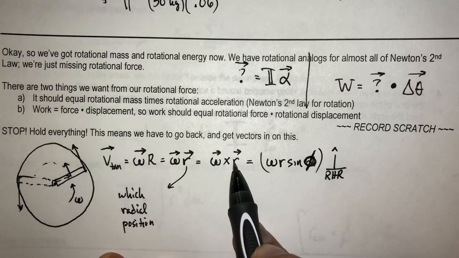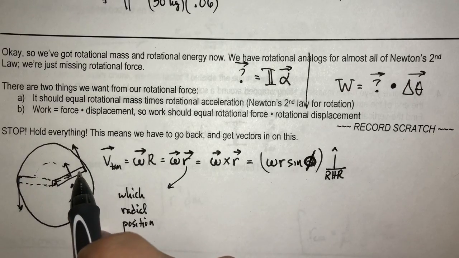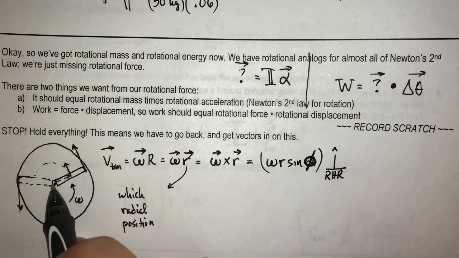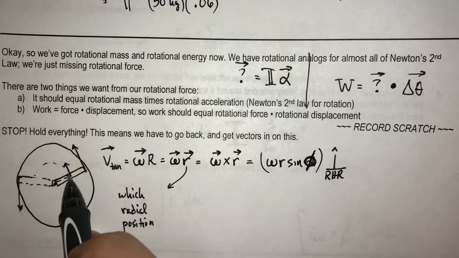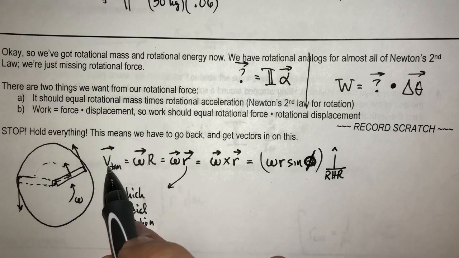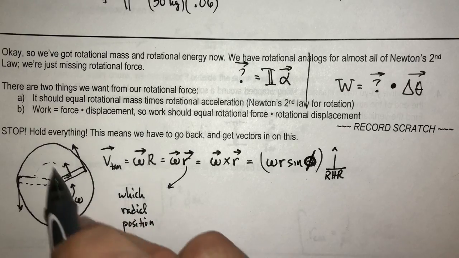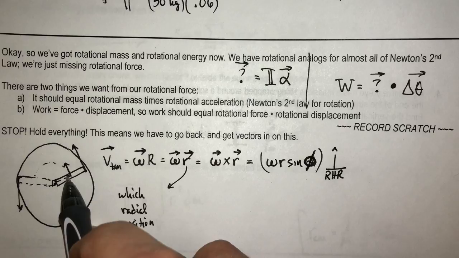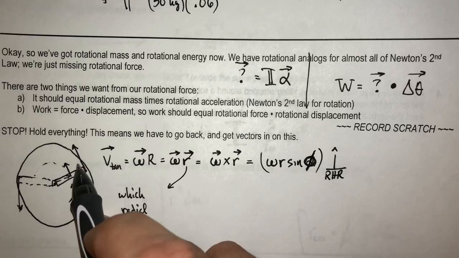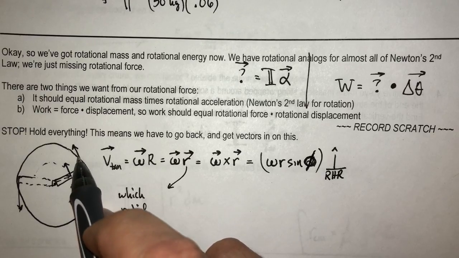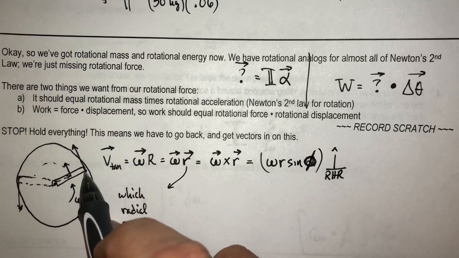Now, that's fine, I guess. It is always perpendicular to the radial direction, right? We ask about radial position r, and we're drawing out along the object to here. The tangential velocity is always perpendicular to a radius. So we've got that going for us. But we can't pick another vector in the plane of the page. V tangential is in the plane of the page.